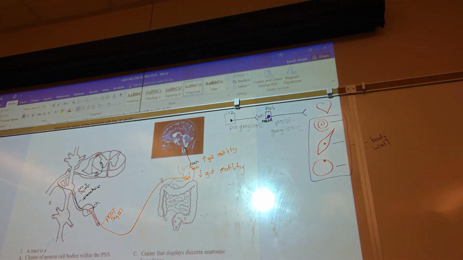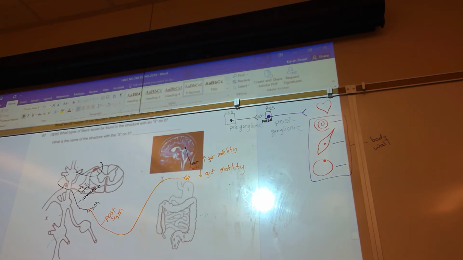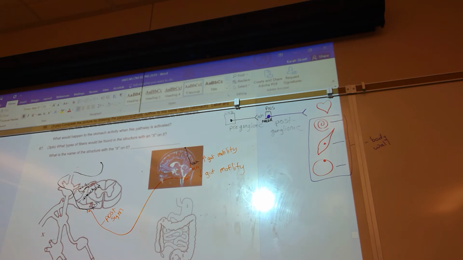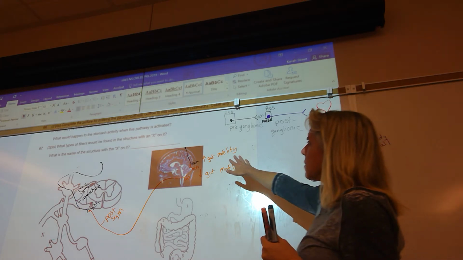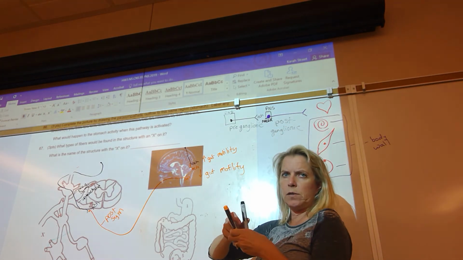Okay. So the X says, what types of fibers would be found in the structure with an X on it? What is the name of the structure with the X on it? Well, increased gut motility would be from cranial nerve 10, right?